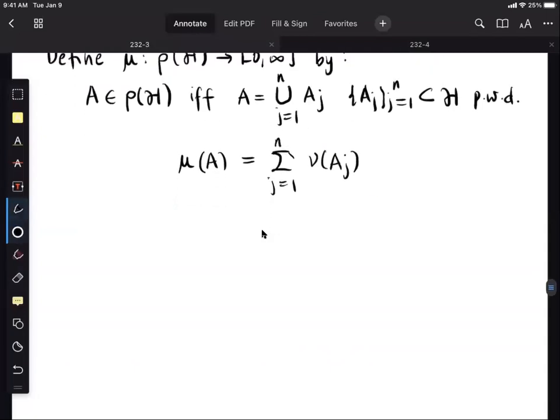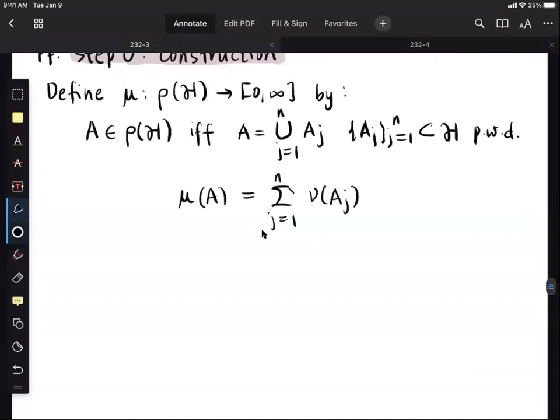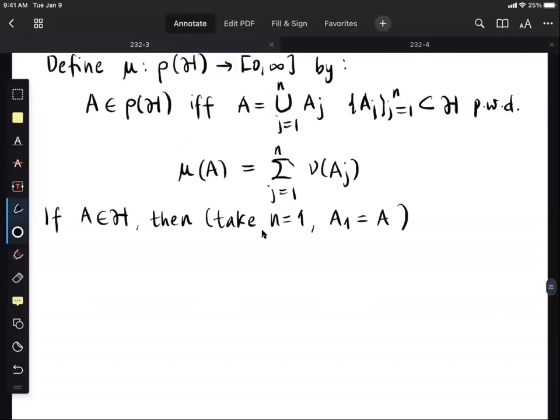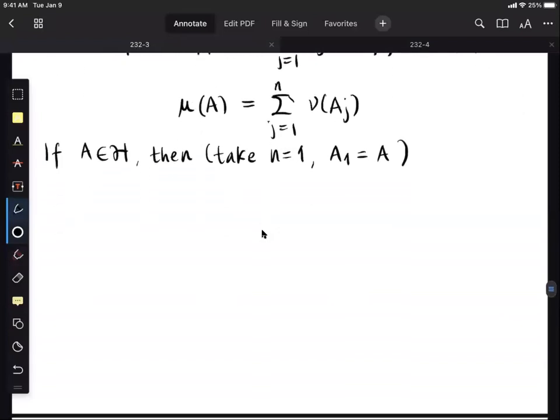Now, let us verify that indeed the restriction of mu on H is basically the content nu. So taking an element A in H. Then if I set n to be 1 and A1 to be A, so that the union is the set A again, we have the following.